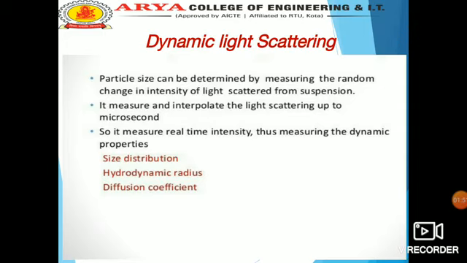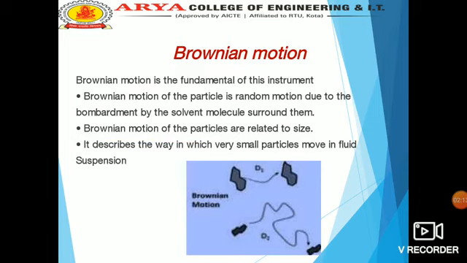This technique basically measures the speed of the particles undergoing Brownian motion. Brownian motion is influenced by particle size, sample viscosity, and the temperature. Brownian motion is fundamental for these DLS instruments.